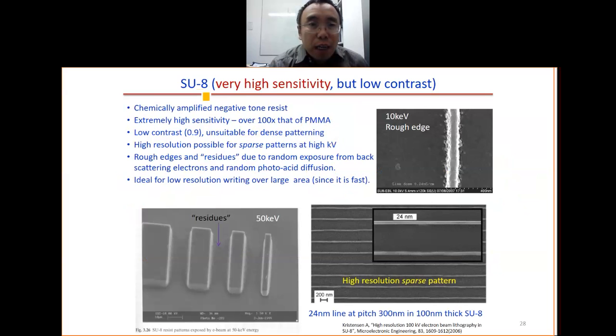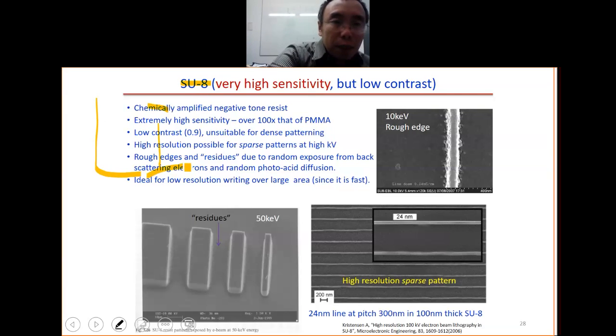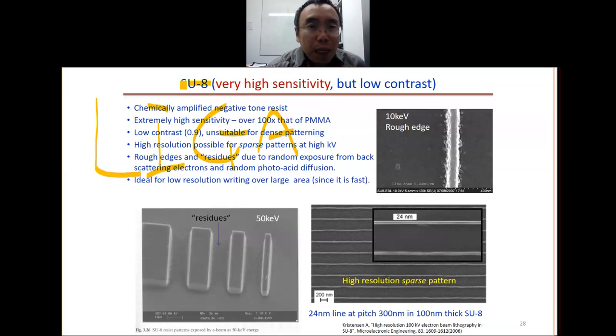So the last one is the SU8. We have talked about SU8 when we talked about the LIGA process and X-ray lithography. We said people can use SU8 to make very high aspect ratio structures. This is called UV LIGA lithography. This one is also a resist for the electron beam lithography.